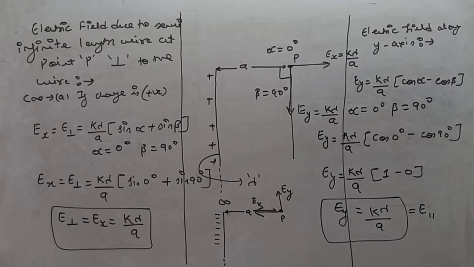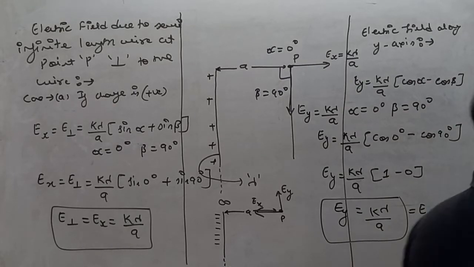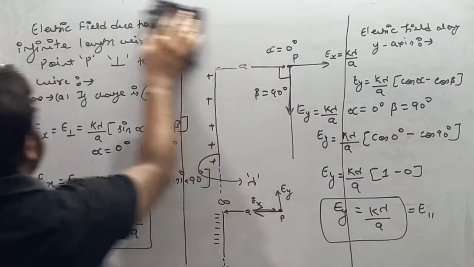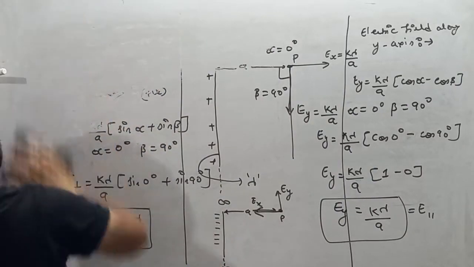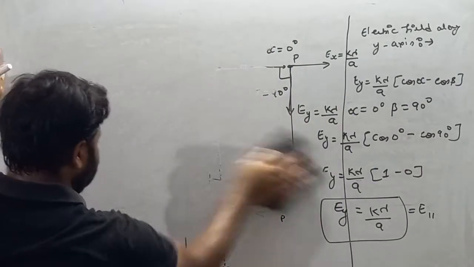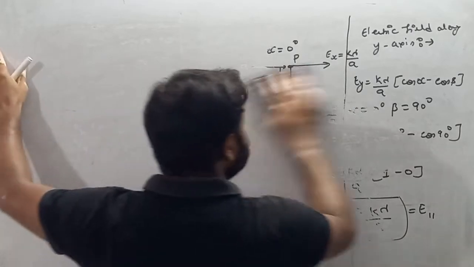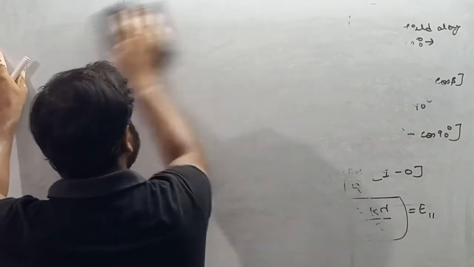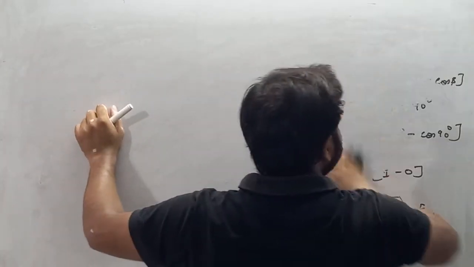We'll find electric field now due to charge. So write down the next heading, second application of electric field due to continuous charge, that is electric field due to ring.